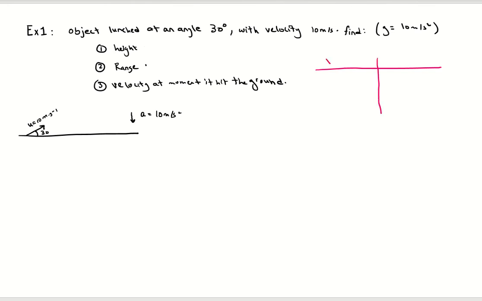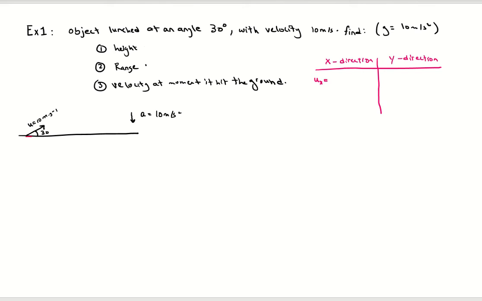So there's the x direction, and there's the y direction. So you can call them the horizontal motion and the vertical motion. It doesn't matter. So the x direction, there is an initial velocity which does not change, and it's equal to u.